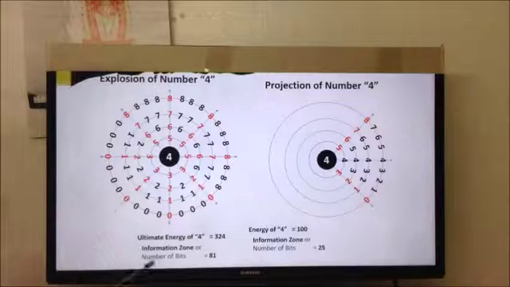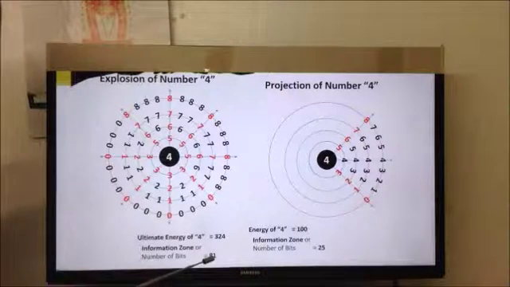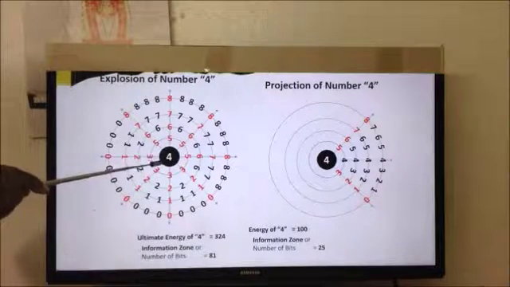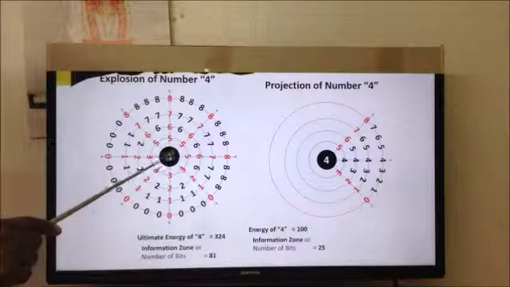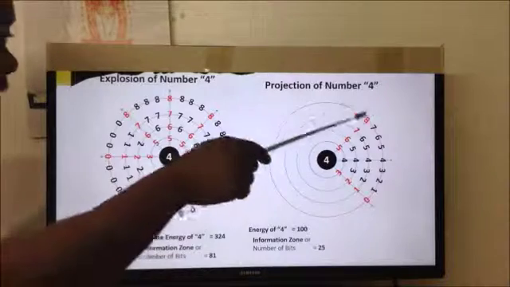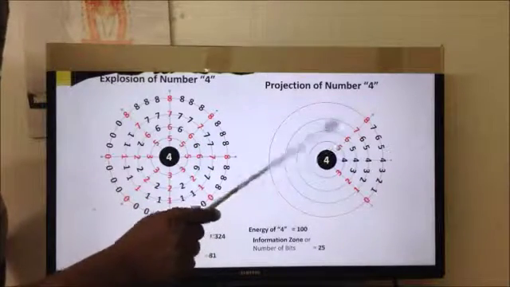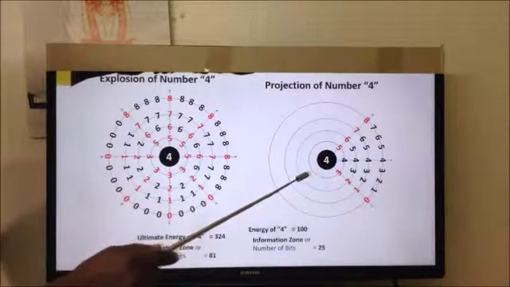So we can have 81 bits of information out of number 4 when it is exploded, and 25 when it is projected.